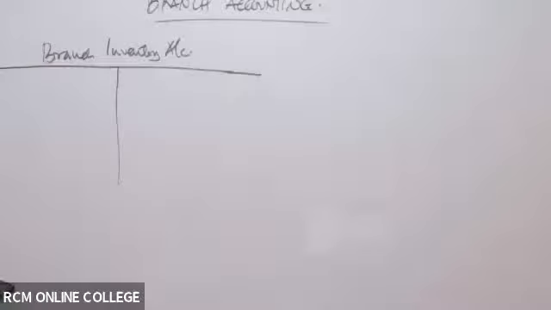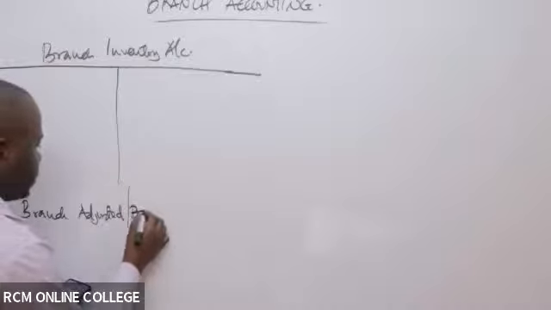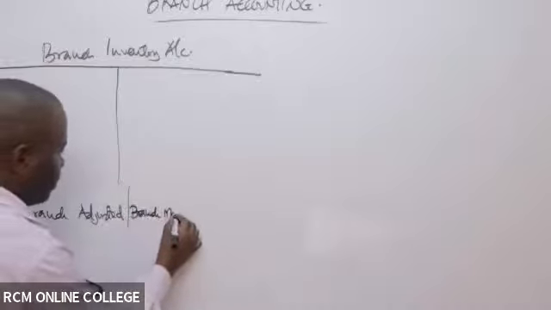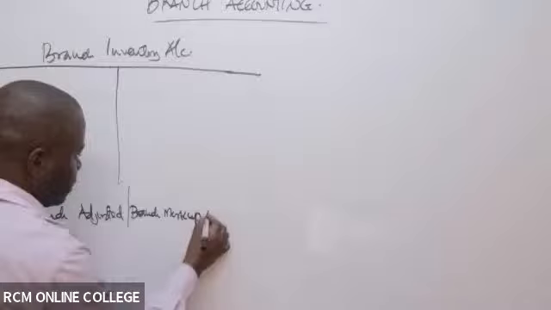Then you have, in this case, the branch adjusted or markup account. The adjustments regarding inventory or goods sent to the branch, we do here, referred to as the branch markup account.